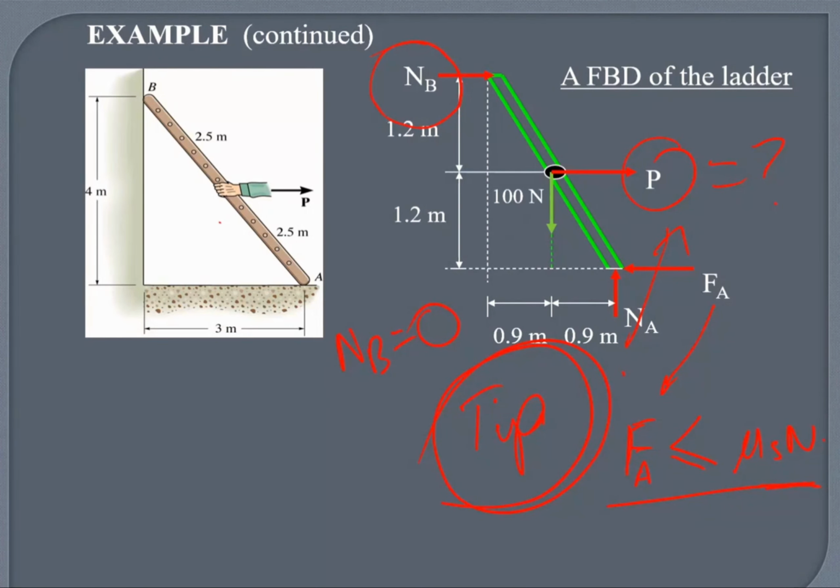Okay, do this for me. Find P for me, and then also find FA value for me. I want you to find P and FA for me.